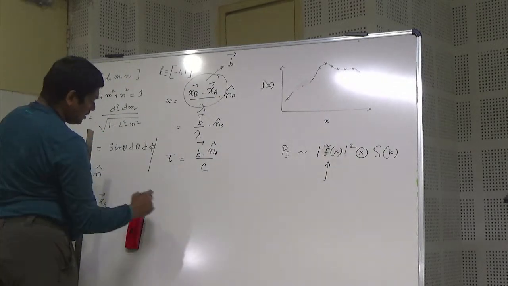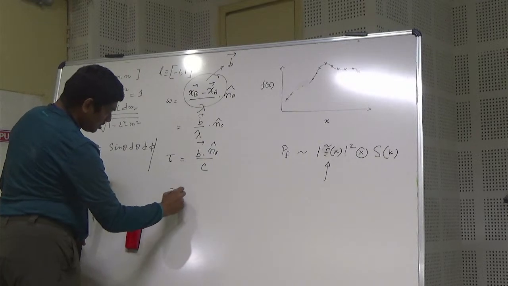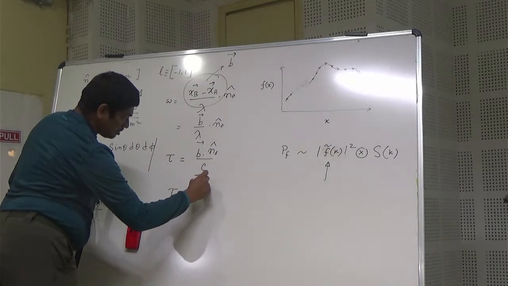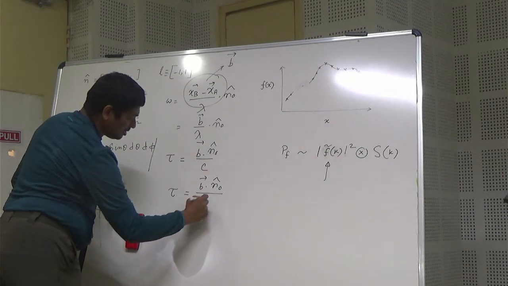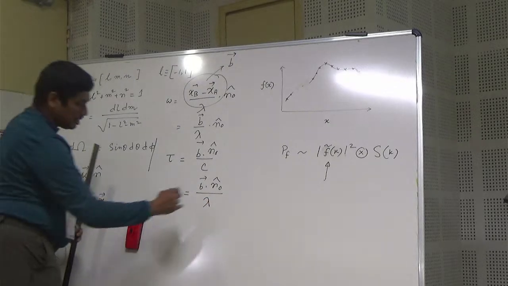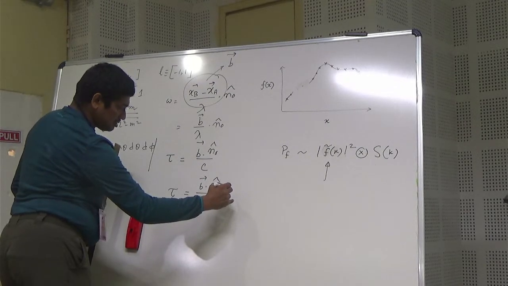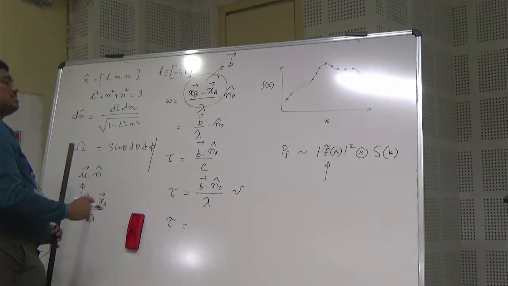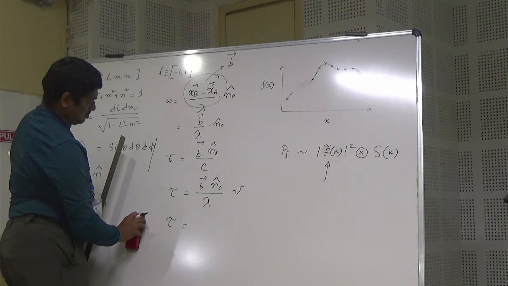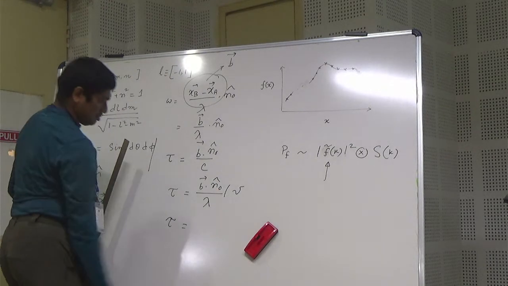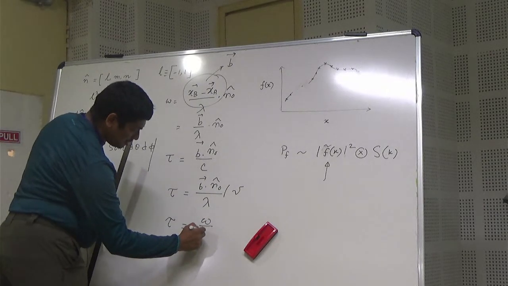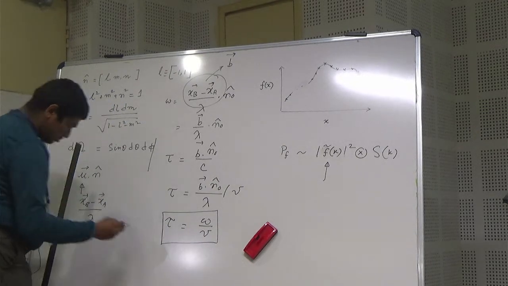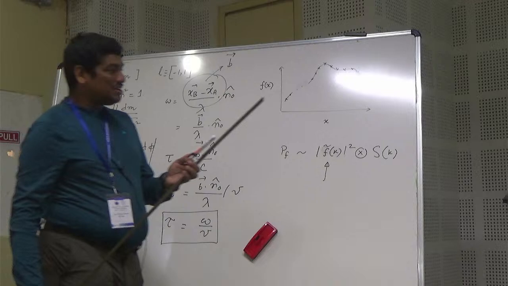Now if I relate this to these two, I say that tau is equal to b dot n0 cap by lambda into lambda by c, which is how much? Lambda by c is 1 by nu. So w by nu.